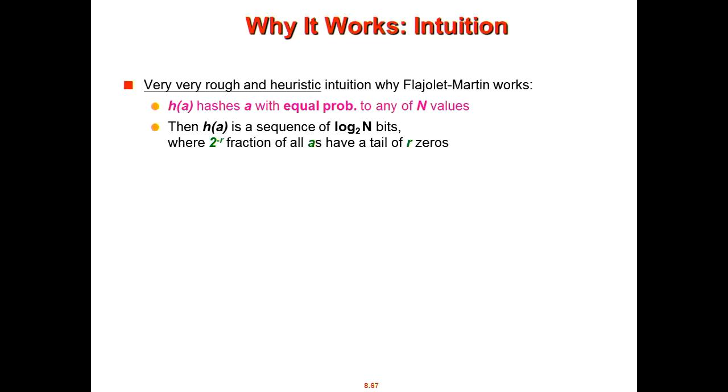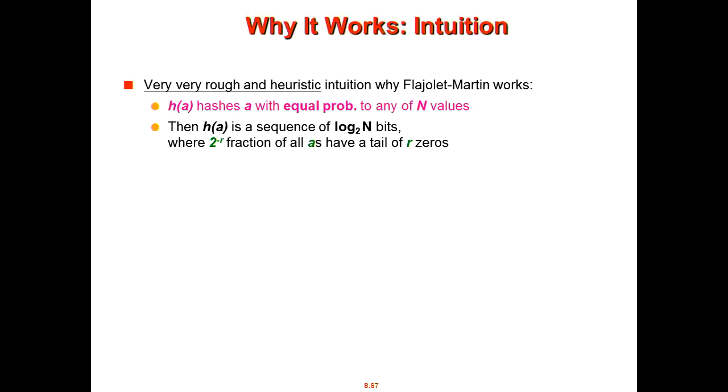Only 1 zero means that the hash value is an even number, and if it ends in 1, it is an odd number. So about half of all the hash values have only 1 tailing zero, right?